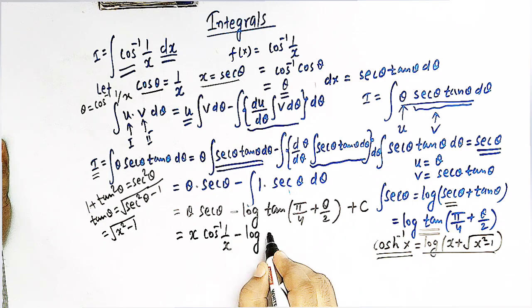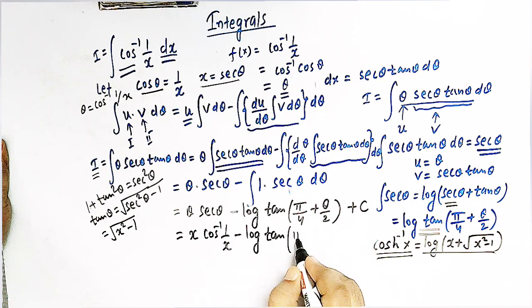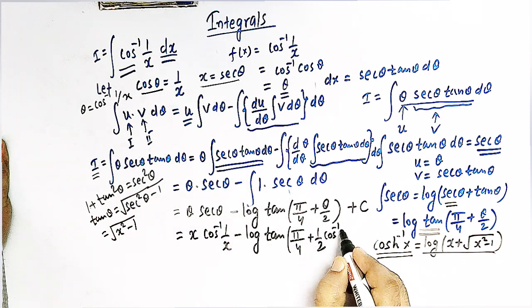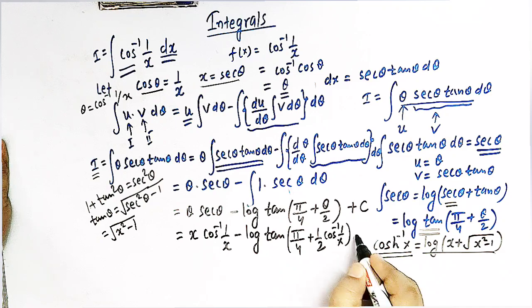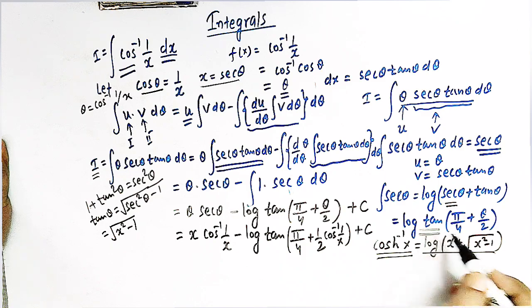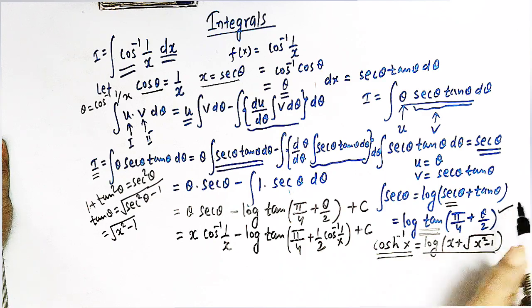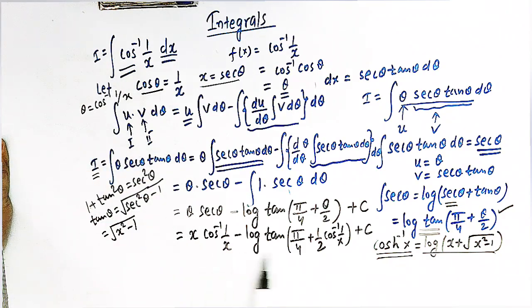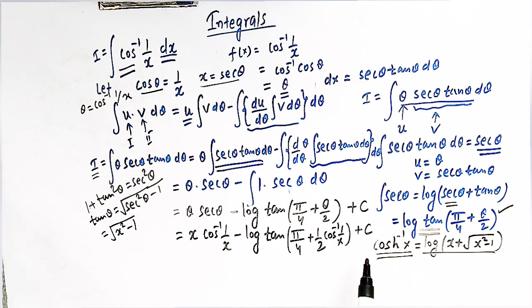So in that case, the value of this integral would have been x cos inverse 1 over x minus logarithm of tangent of pi by 4 plus half cos inverse 1 over x plus c.